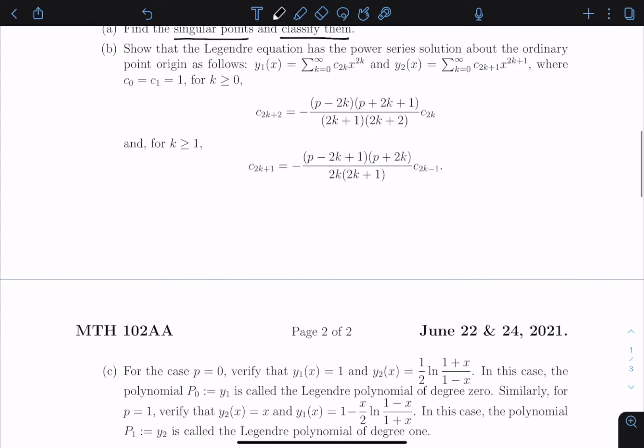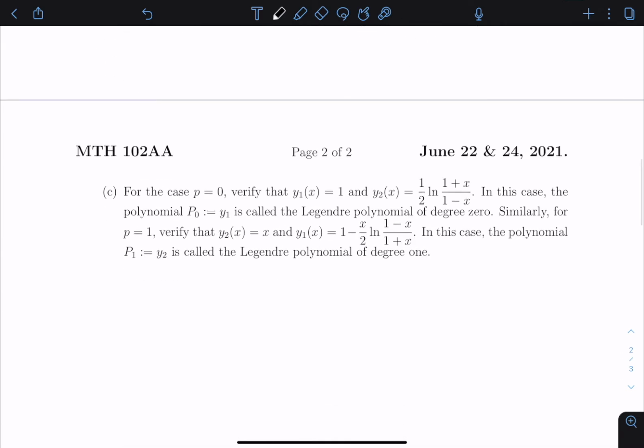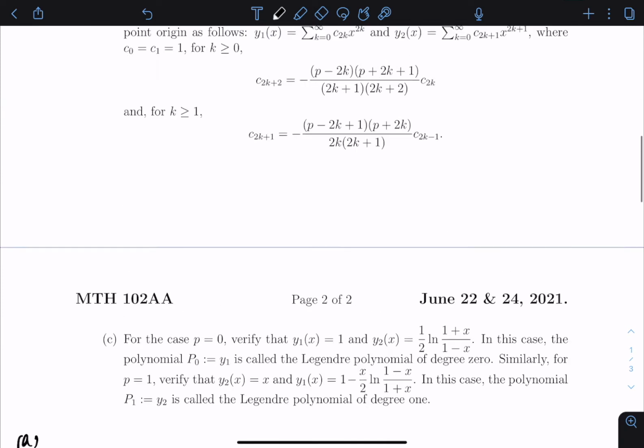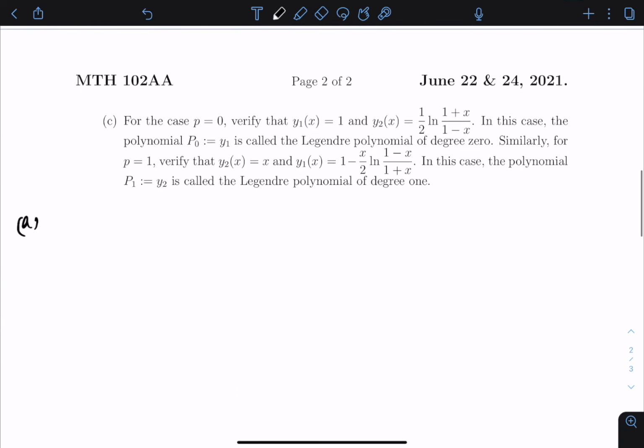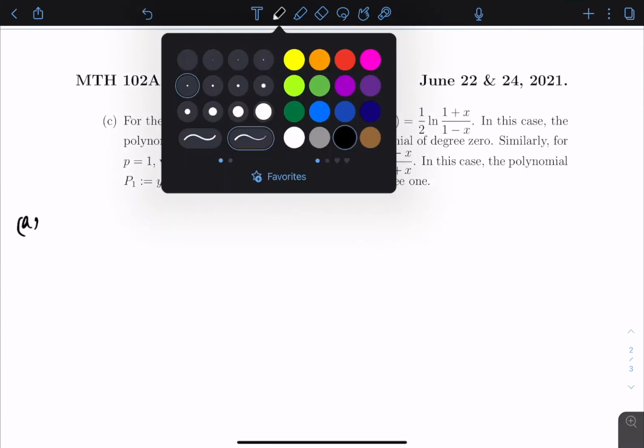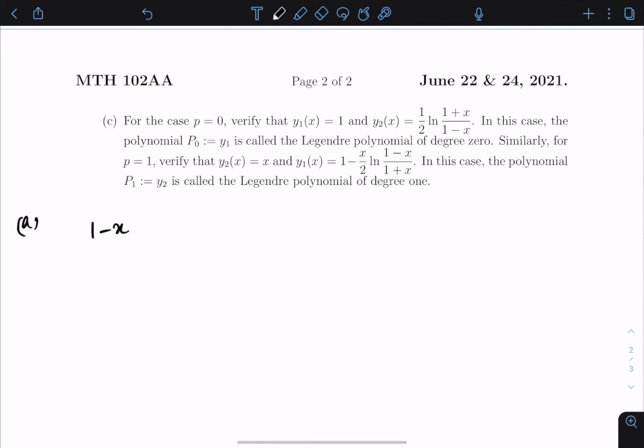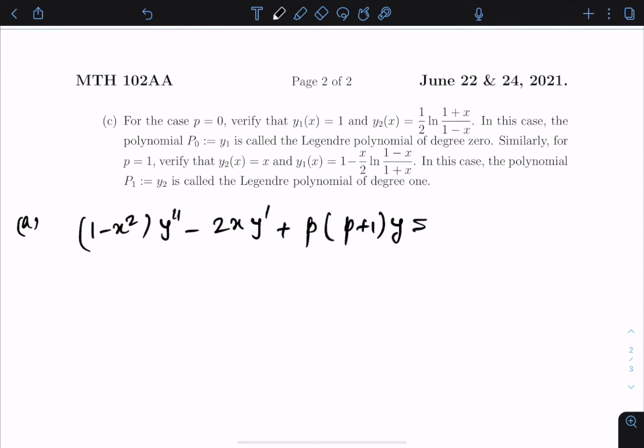So what are the points? Let's do A. If you look at the ODE, which is (1 minus x square) y double prime minus 2x y prime plus p times (p plus 1) y equals 0, where p is the given real number.